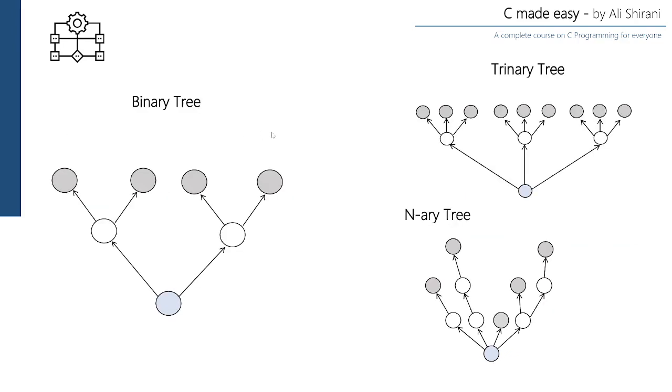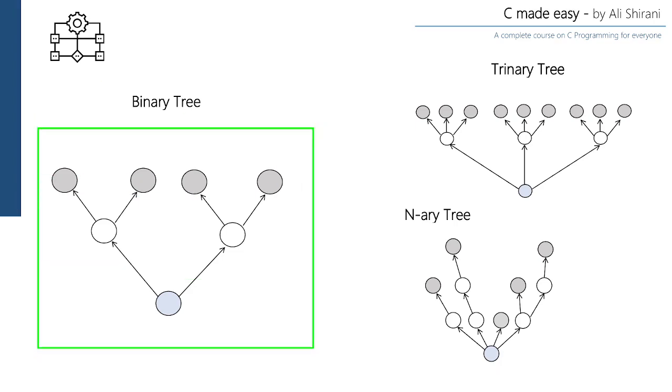There are types of trees, and in binary tree, bi means two. So binary means each node has two nodes. That is called a binary tree. So this is our binary tree. Every node has two nodes.